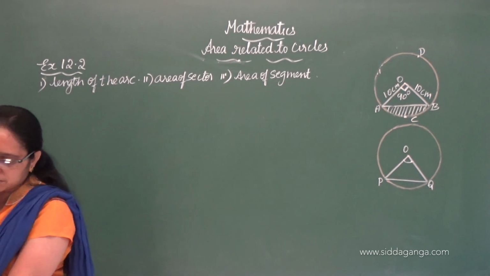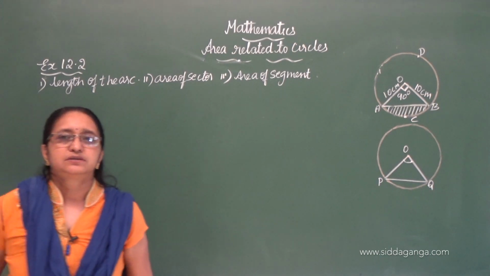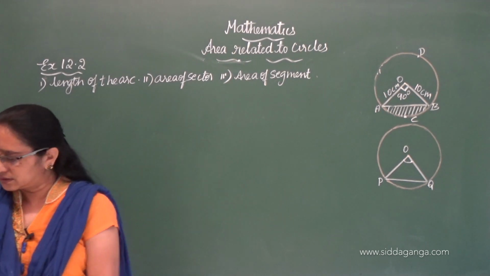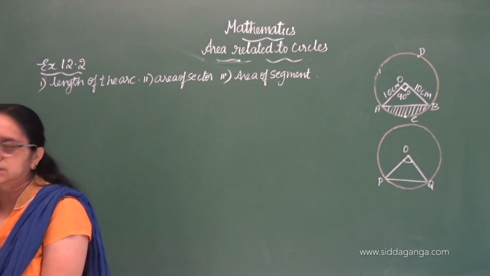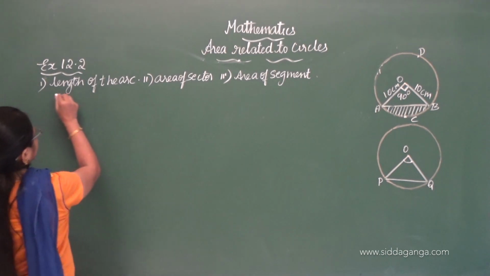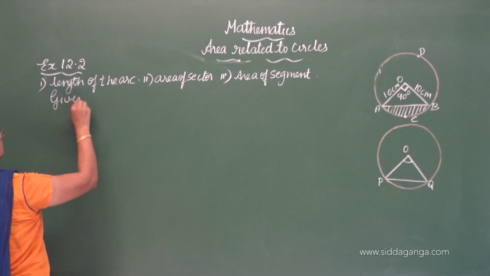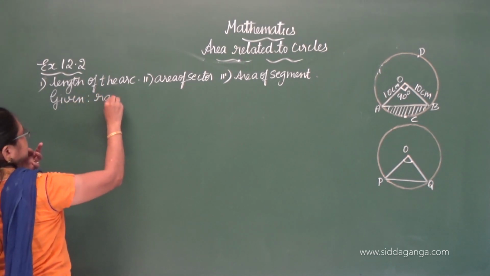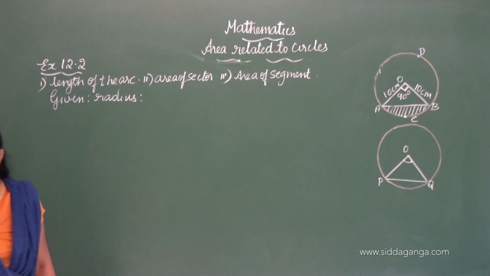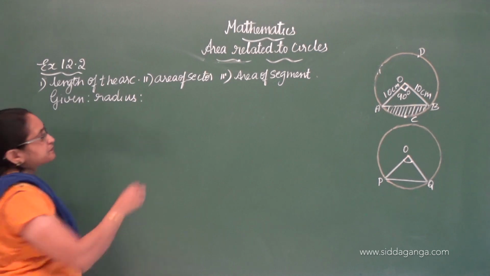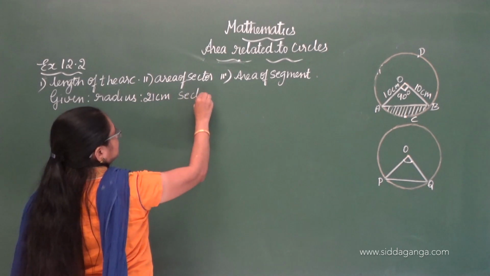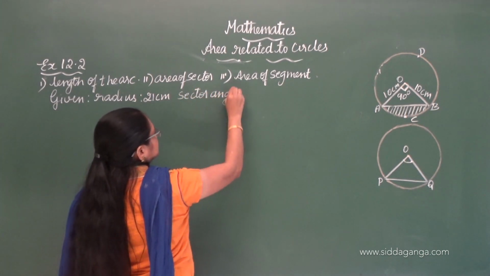Now, the first one is length of the arc. See, in the previous sum I had given you the formula to find out the length of the arc. So I hope you can recall what is length of the arc, isn't it? First let us write what is given here. Given radius. What is the radius? Radius is given, that is 21 centimeter, and sector angle is 60 degree.